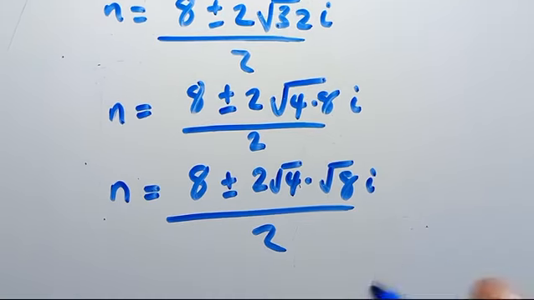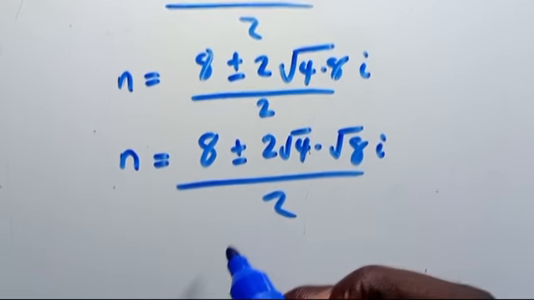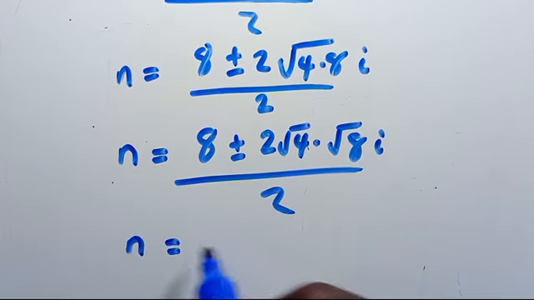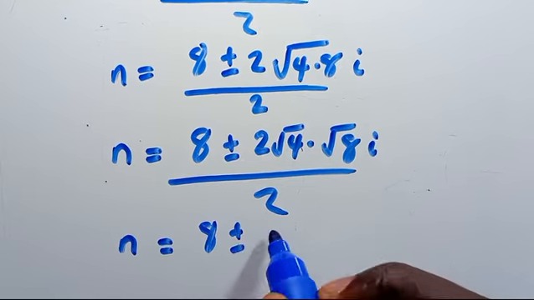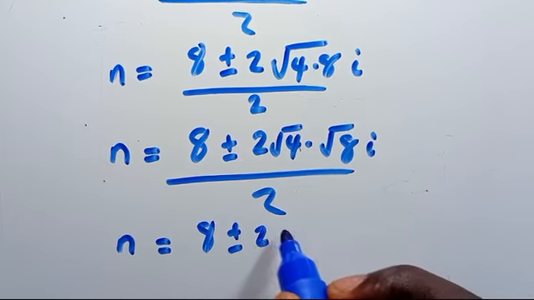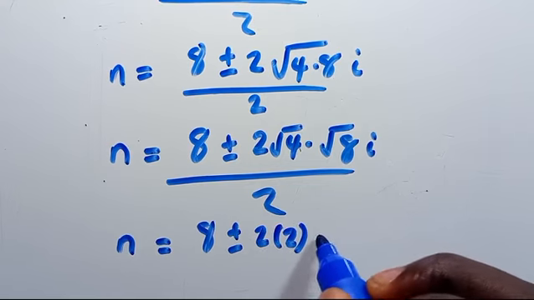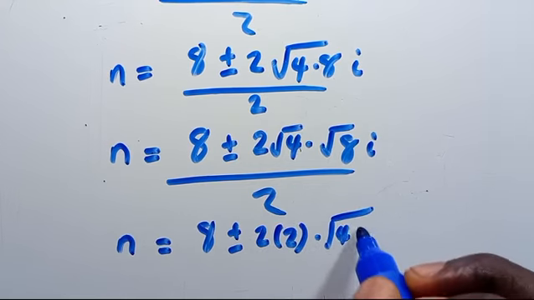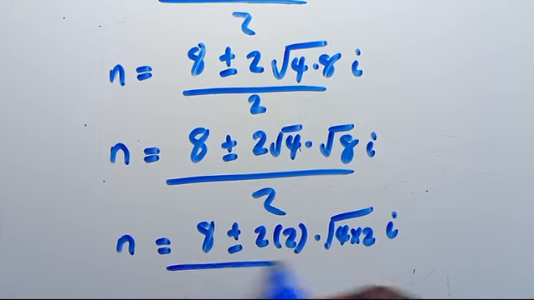Now we can also simplify this further as n equals 8 positive or negative root 4 times 2 multiplied by i over 2.